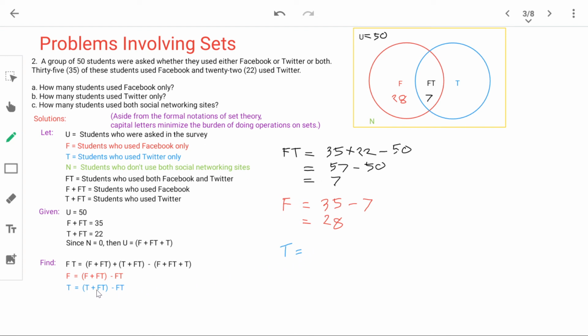Based on the formula, T plus FT is equal to 22, minus the FT, those students who use both social networking sites, which is equal to 7. By subtraction, 22 minus 7 is equal to 15. So we have here 15 students who use Twitter only.